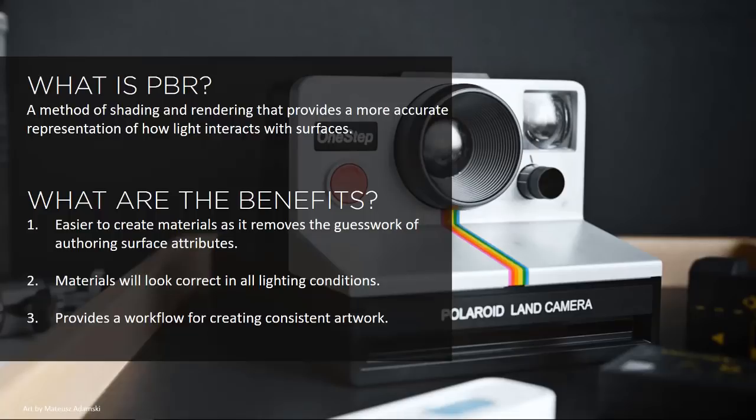Yes, correct. Totally. And so with that, and again, like I was talking about, if we author the maps correctly, then everything's going to work out very well for us in terms of looking correct in all lighting conditions. So that's the next part of this I want to talk about.